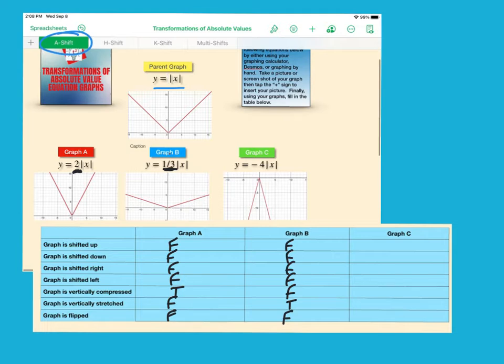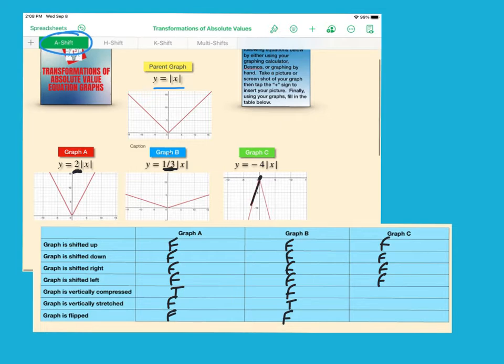And then we've got graph C, -4 absolute value of x. What happened to this one? Did it shift up? Like as far as the origin goes? No. Didn't shift down. Didn't shift at all, really, did it? Still the same point. Did it compress or stretch?